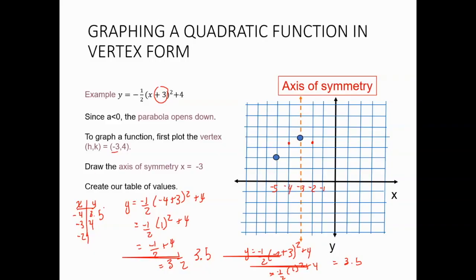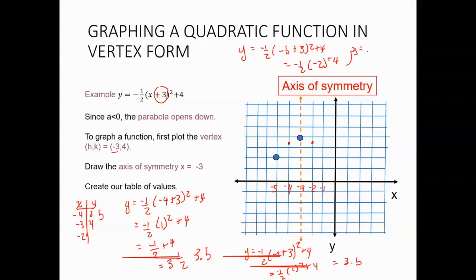So if I plugged in a negative 5 here, let's try to do it up here. Negative 5 plus 3 squared plus 4, that's going to give me negative 1/2 times negative 2 squared plus 4.